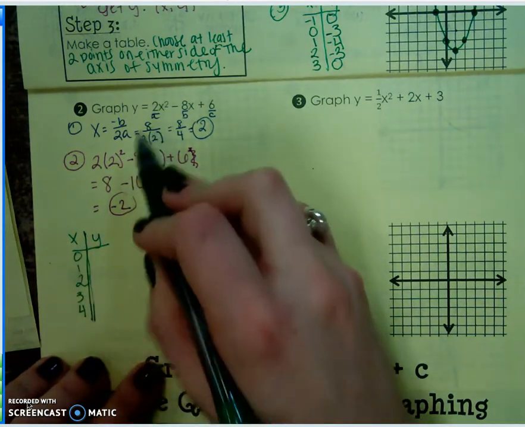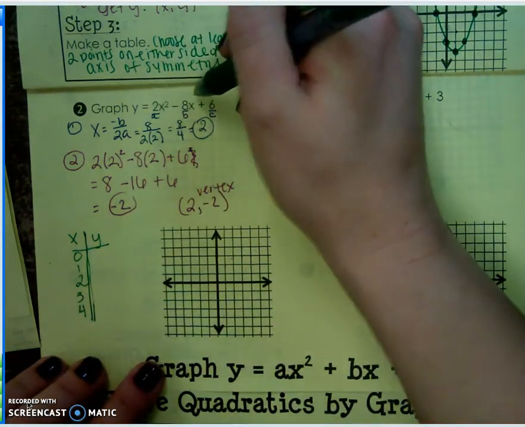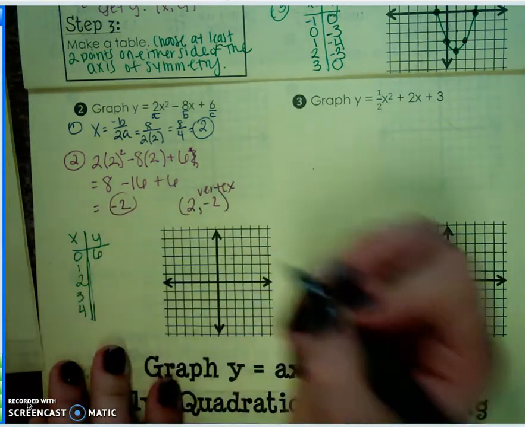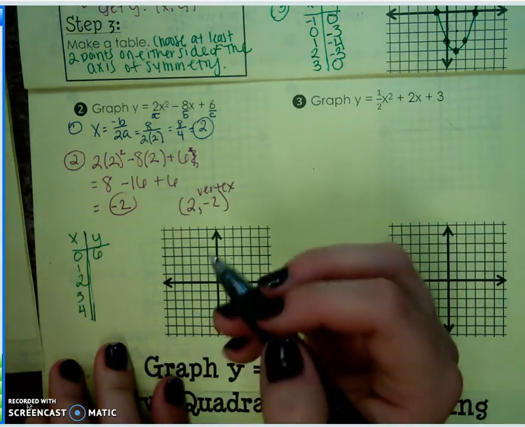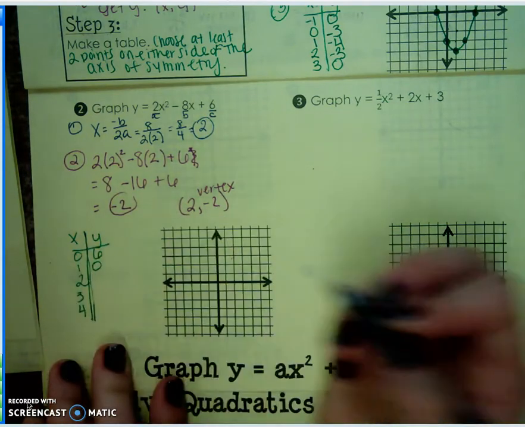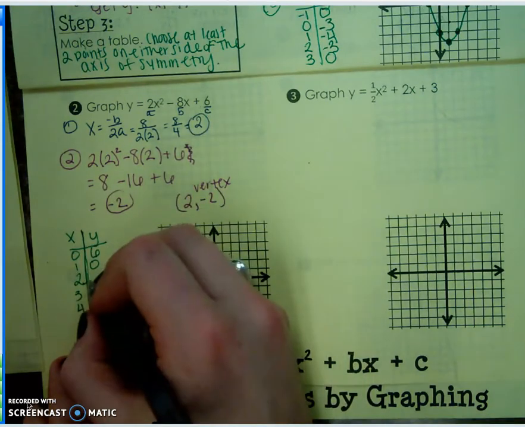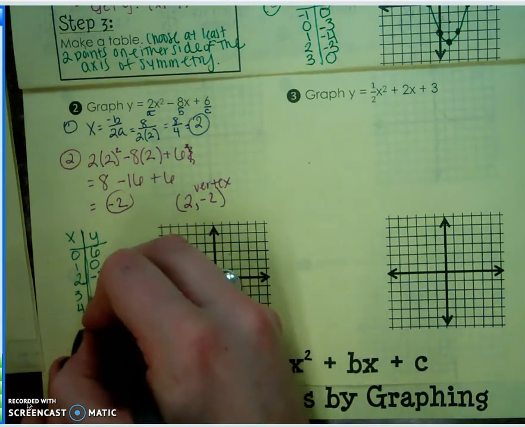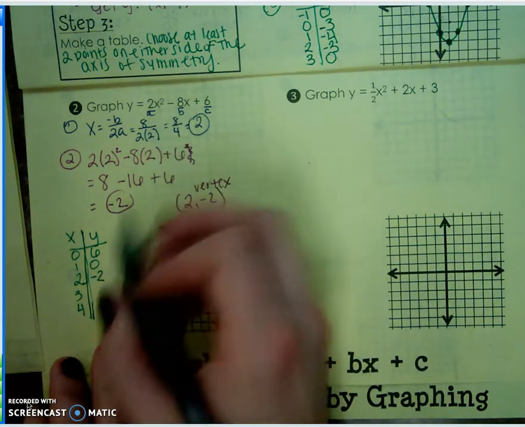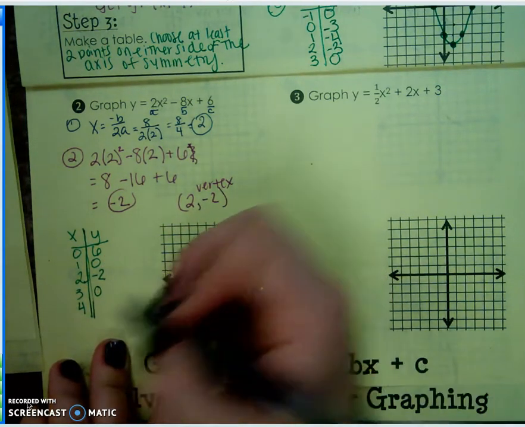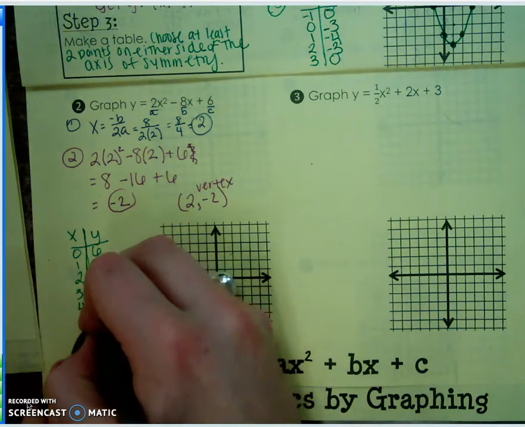So plug in 0, I will get my y to be 6. Substitute 1 in, I'll get 0. Substitute 2 in for each of the x's, I have negative 2. Substitute 3 in, 0. And substitute 4 in for each of those x's, I'll get 6.